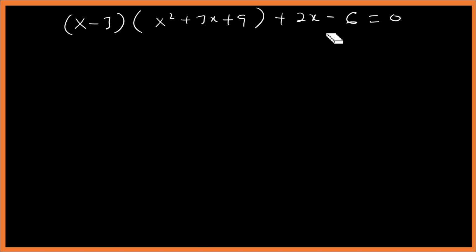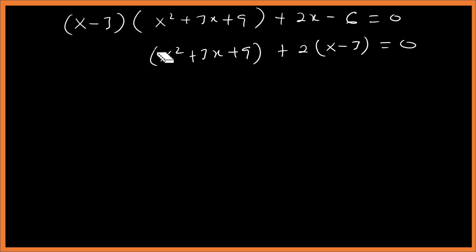From here, I can take 2 out, x minus 3 equal to 0. So x squared plus 3x plus 9, and I have x minus 3, simple as that.